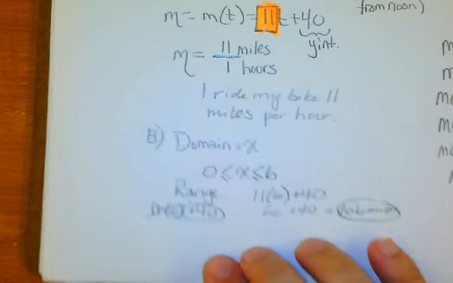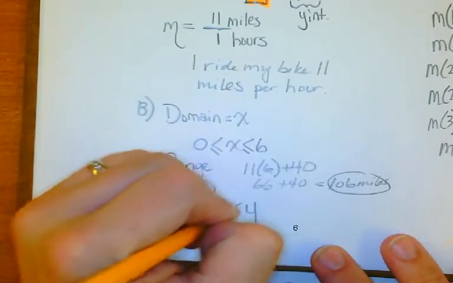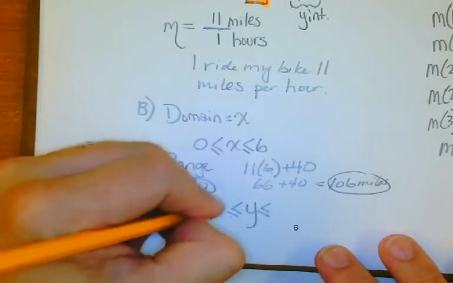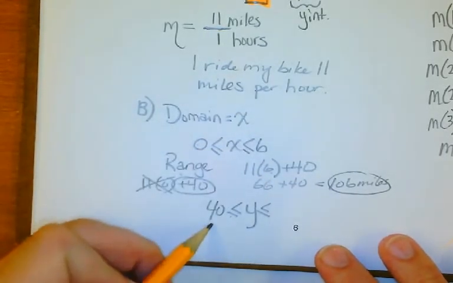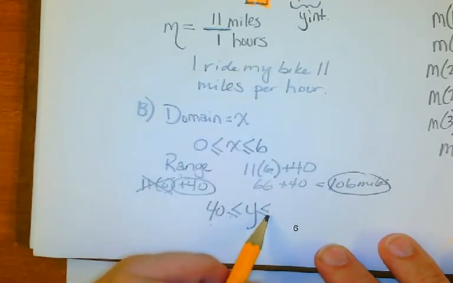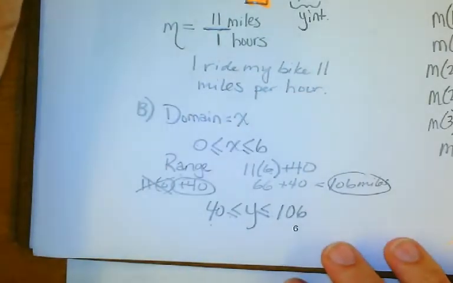So we're going to say that at time 0, you've already gone 40 miles because it's noon. And after 6 hours at 6 p.m., you've gone 106 miles.